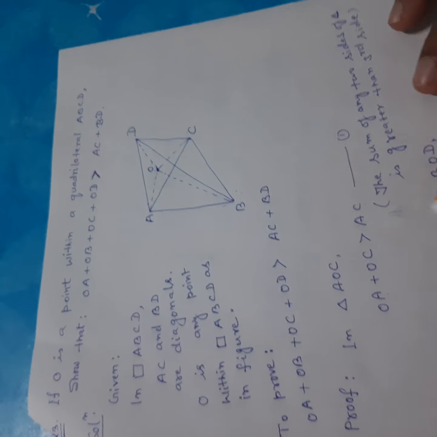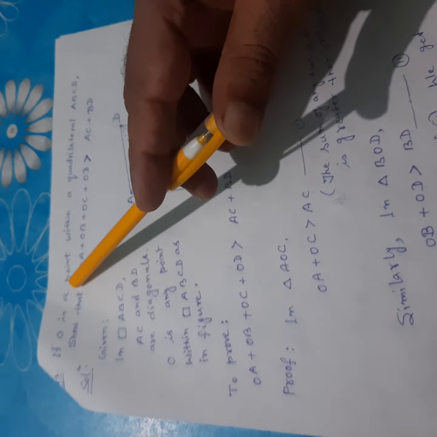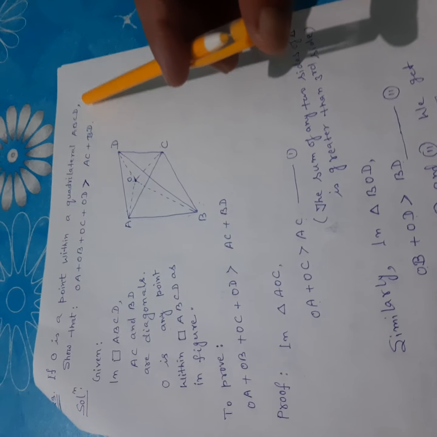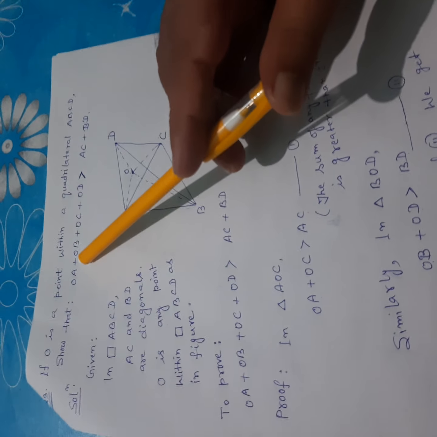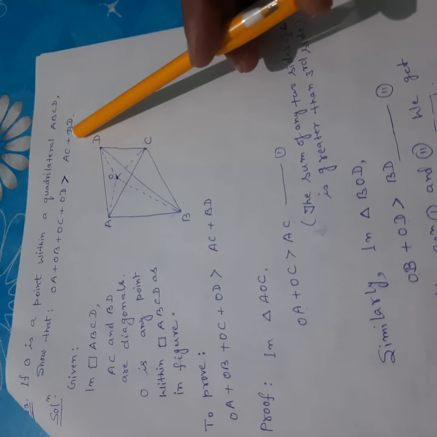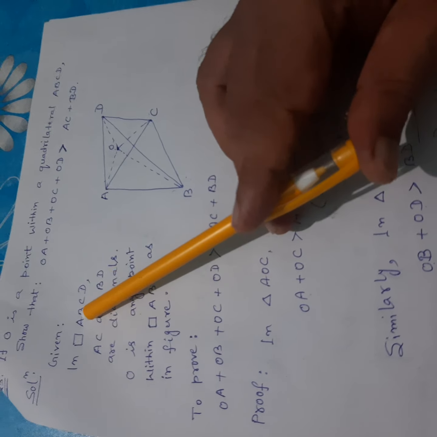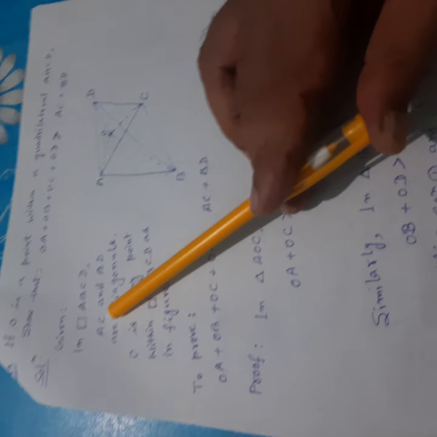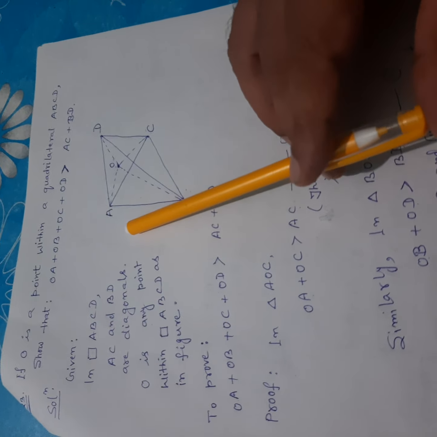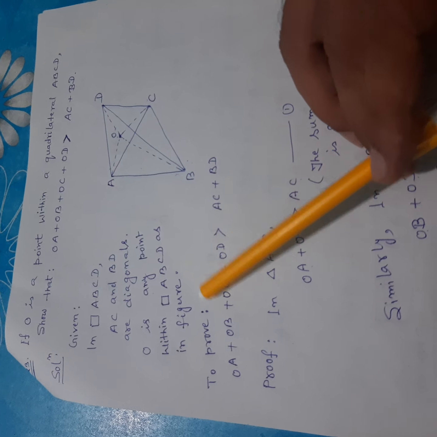Question: if O is a point within a quadrilateral ABCD, prove that OA plus OB plus OC plus OD is greater than AC plus BD. Given, in quadrilateral ABCD, AC and BD are diagonals. O is any point within the quadrilateral, as in the figure.